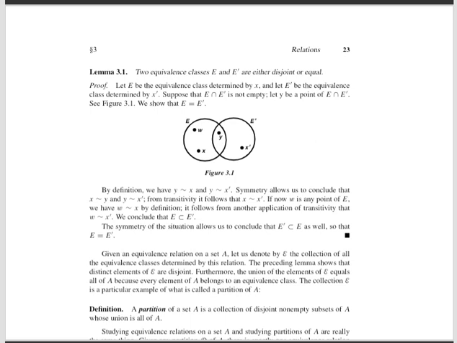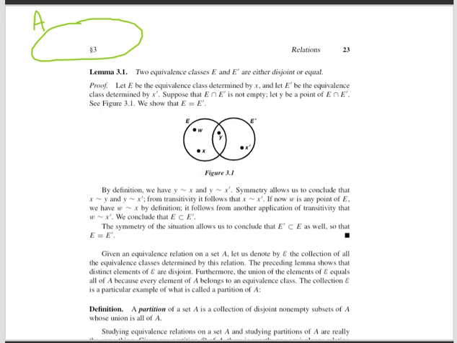Two classes E and E prime are either disjoint or equal. This is a proof. Let E be the equivalence class determined by x and E prime be the equivalence class determined by x prime. I give a picture for you.